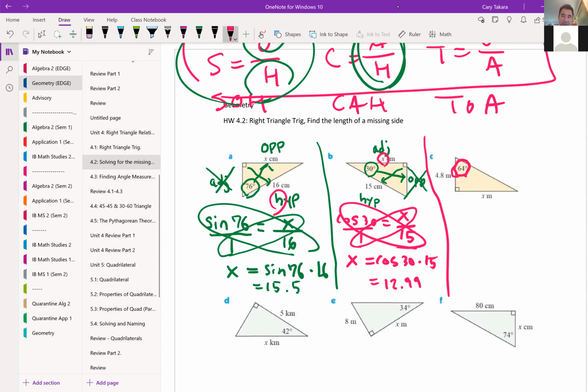So it's a 64, so opposite is this one, X. X is the opposite. Next, hypotenuse. Hypotenuse is always the slanted side, or the side across from the 90 degree.